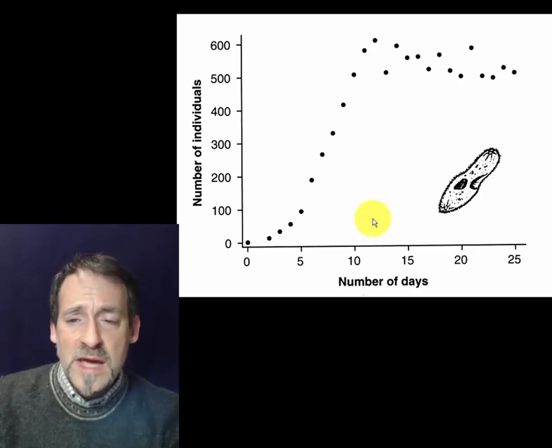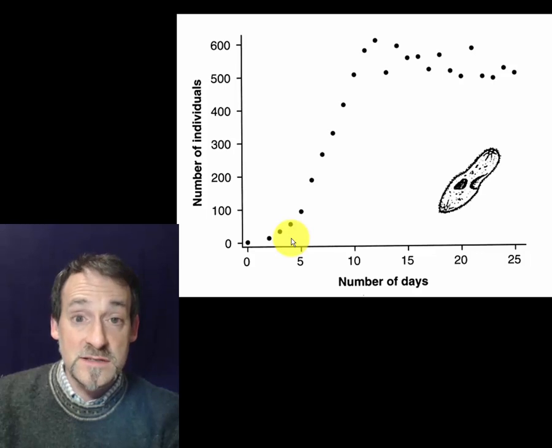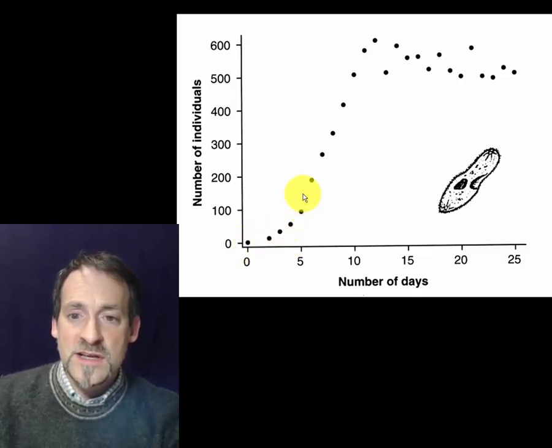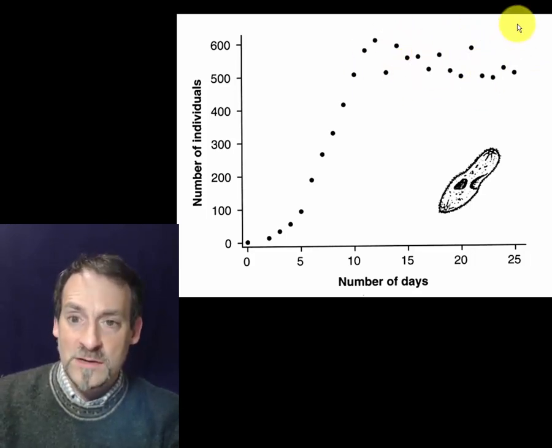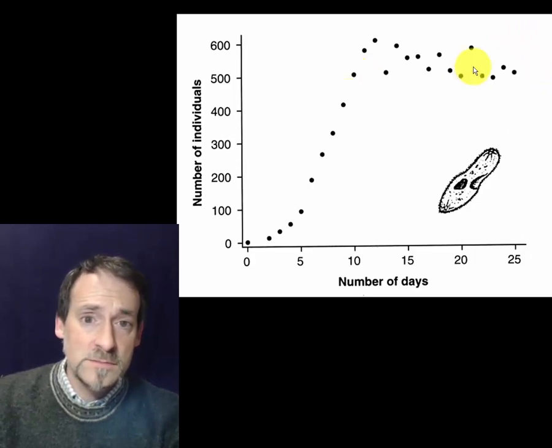This pattern is seen in all sorts of species. You get accelerating growth at first, then it slows down, and eventually levels off at some maximum, beyond which the population seems to fluctuate, but it never seems to get way above that level.